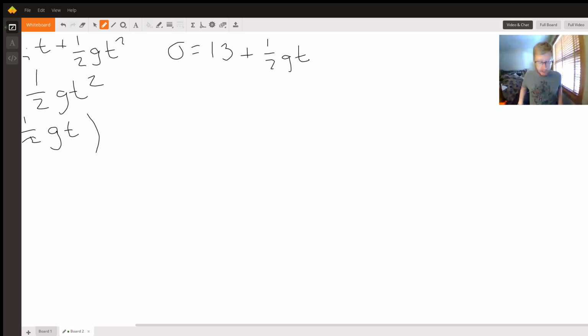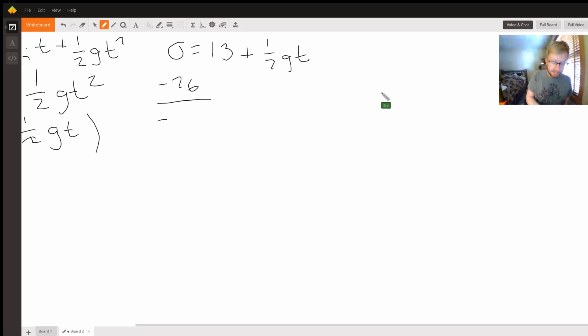Now we just rearrange the equation. So subtract 13 and multiply by 2. So we get negative 26, and then all divided by g, and remember g is 9.8, but in there as well is a negative sign.